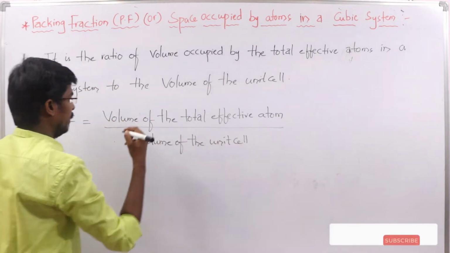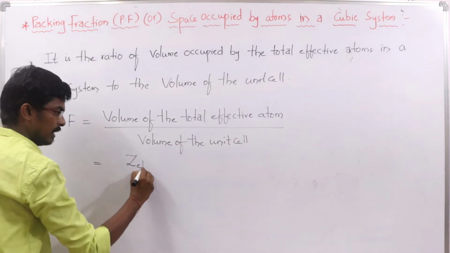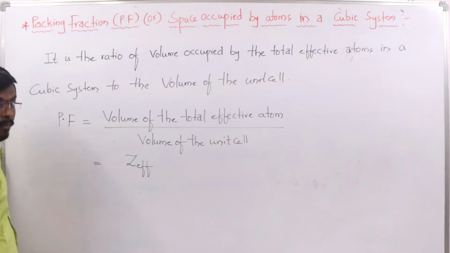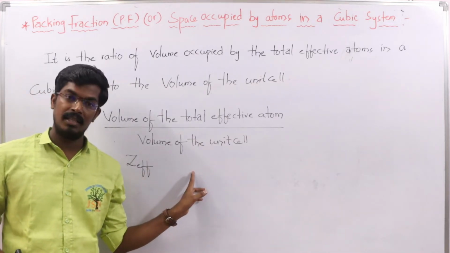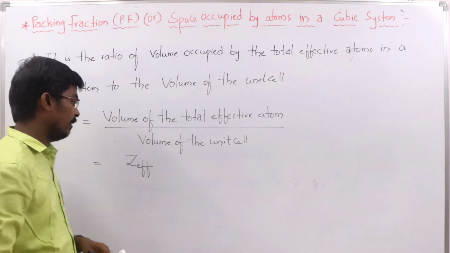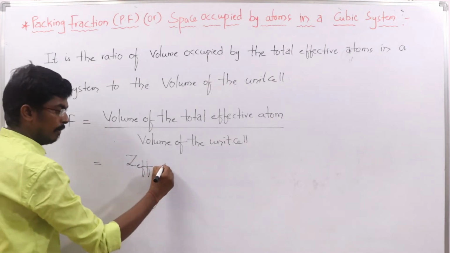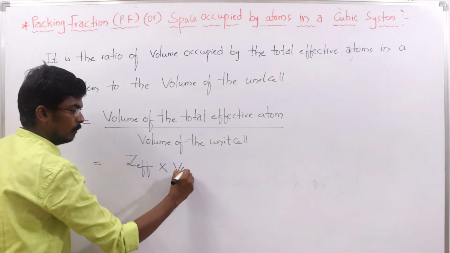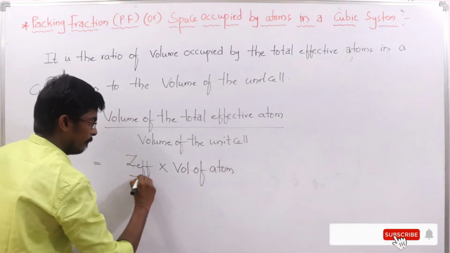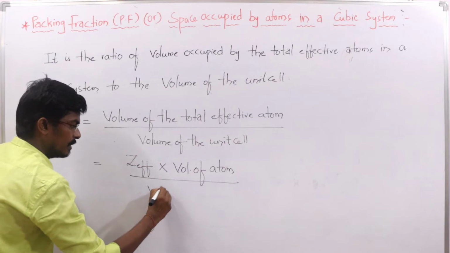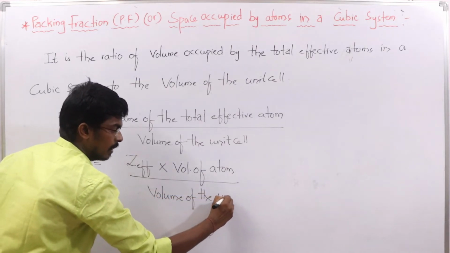The effective atoms, you know, we always represent with Z effective. Already I have given how to find the Z effective in primitive cubic, face-centered cubic and body-centered cubic. So the volume of the total effective atoms is Z effective into the volume of an atom, by the volume of the unit cell.